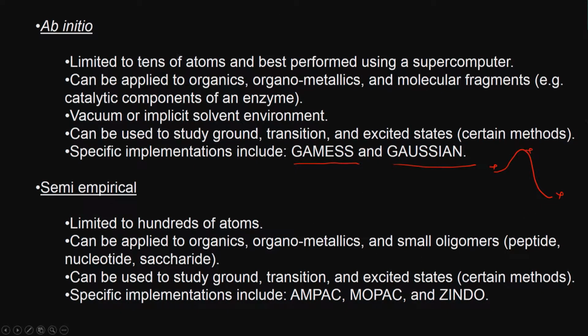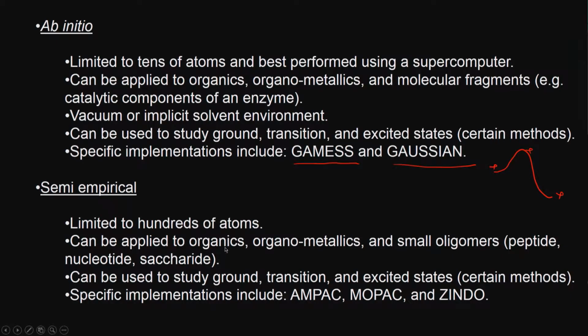Semi-empirical methods go beyond tens of atoms, to hundreds of atoms or even larger. As I said before, if you are looking at thousands of atoms, we will not go for quantum mechanics, we have to go for molecular mechanics. Semi-empirical methods are limited to hundreds of atoms and can be applied to organics, organometallics, oligomers, small peptides, nucleotides, saccharides. We can look at ground state, transition state and excited states, but this will be less accurate than ab initio.